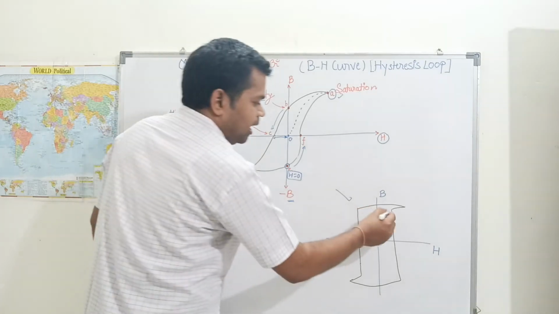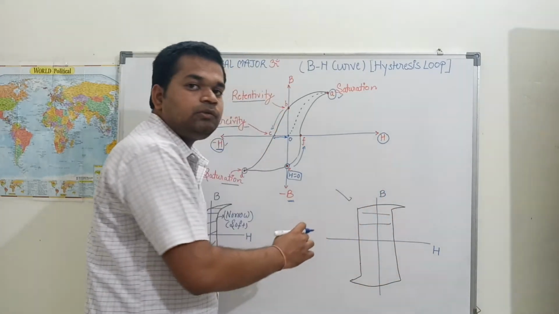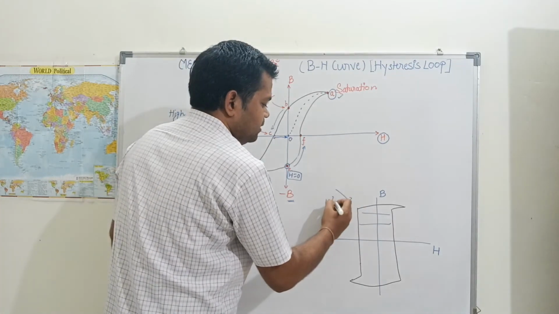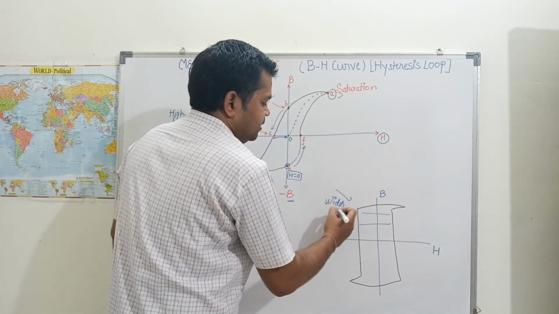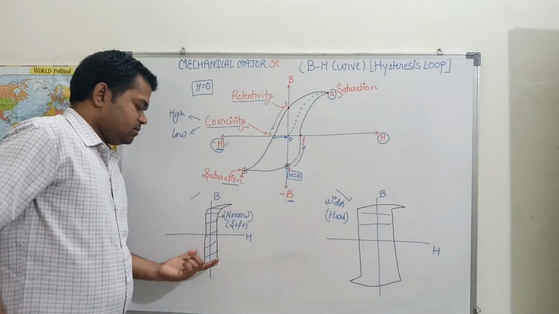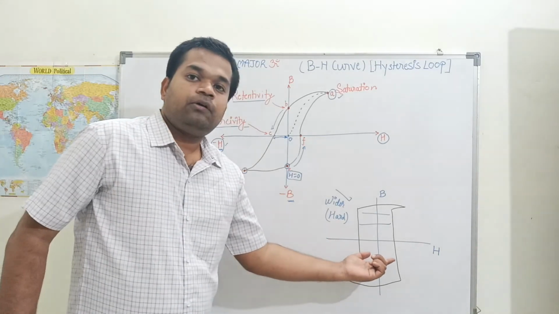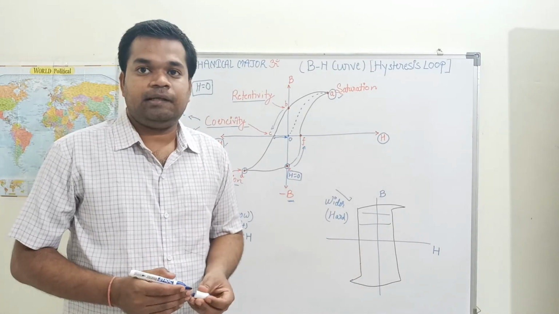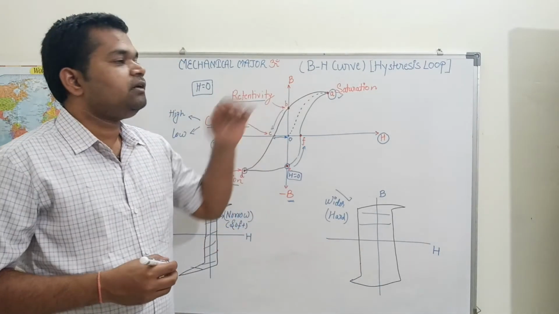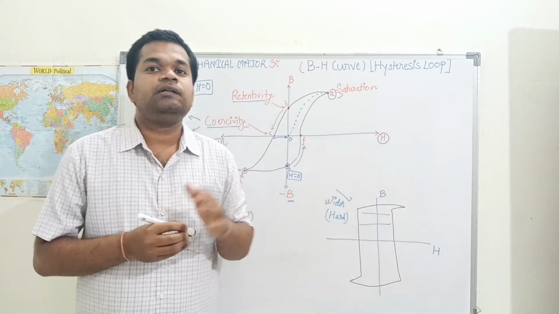For hard material obviously it will be a rectangular path and wider. So this is the BH curve for your soft material, and this is the BH curve for your magnetically hard material. The BH curve is a very important curve in magnetic circuits, so you have to learn it.